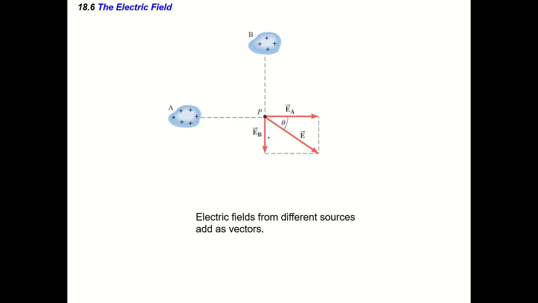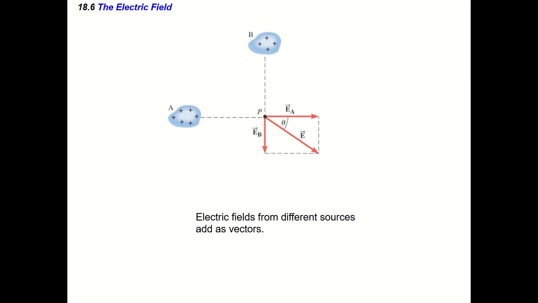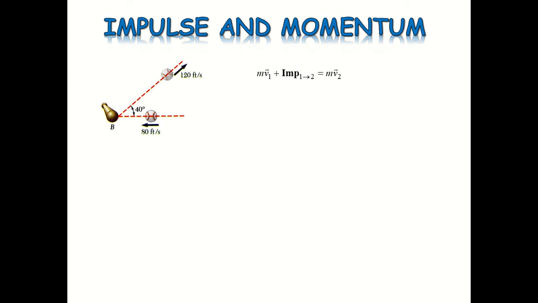This is a vector, so you just add the vectors, vector E_A plus vector E_B. That gives us the electric field E, the resultant.